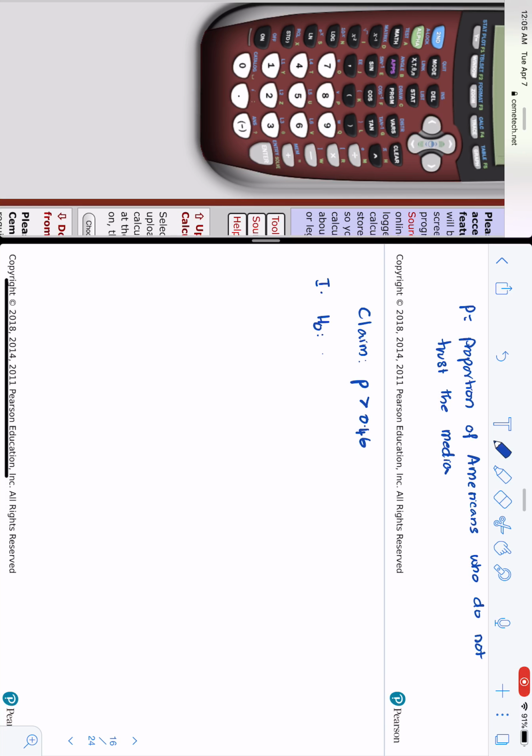So the very first step is to come up with the definition. The null is P equals 0.46. The alternative is P greater than 0.46. Look at the alternative. It has a greater than sign, which would imply a right side.